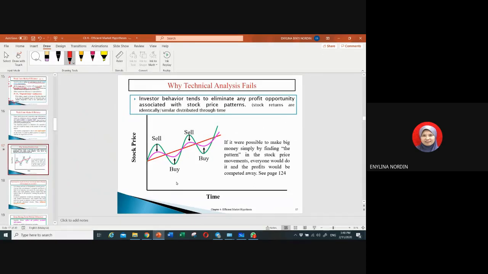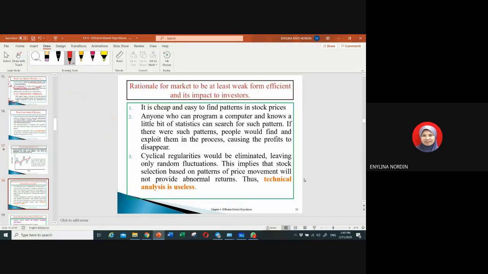I think I have mentioned just now, technical analysis is the study of the past stock prices. And these past stock prices are already absorbed into the stock price. Therefore, this analysis becomes useless to the investors to make the investment decision, or to determine or predict the future stock price. Okay, right.